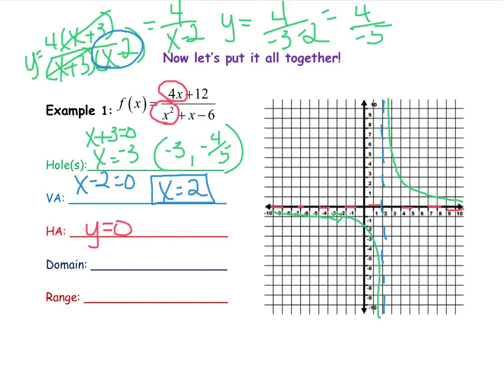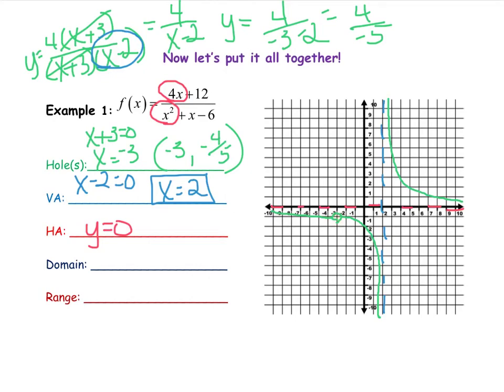Now if you recall, if there was no hole, the domain would start over here at negative infinity, and it goes towards the right, but it cannot cross the vertical asymptote, so we have to stop just before 2, where x equals 2, but then it picks up again just after where x equals 2 and continues to positive infinity. Now, because of this hole, remember this hole represents a point where there is no line.